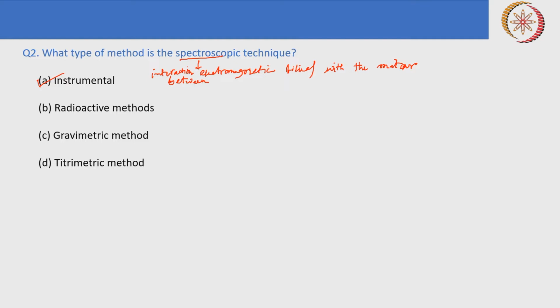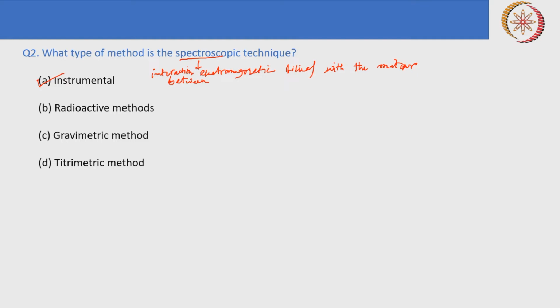Titrimetric, you know that in school life we used to do some quantitative or qualitative analysis, where we use some chemicals in the conical flask, and we used to put chemicals from the burette. So that is the titrimetric technique. So basically the spectroscopic technique is the instrumental based technique.